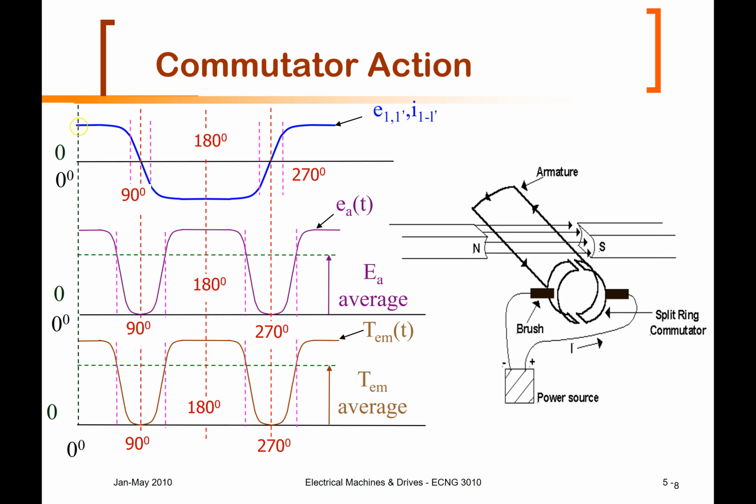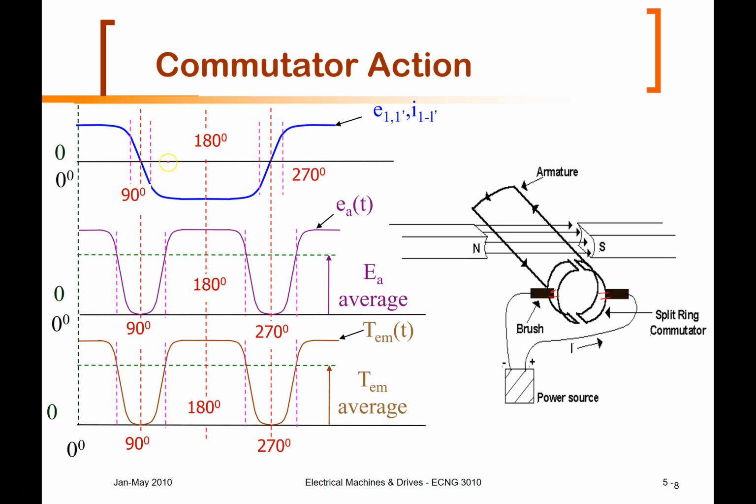So we have the winding starting off. This was when the angle is 0, and as the angle increases, at some point in time, the two contactors, the two sides of the commutator meet, and that is when the breaks come here and here.